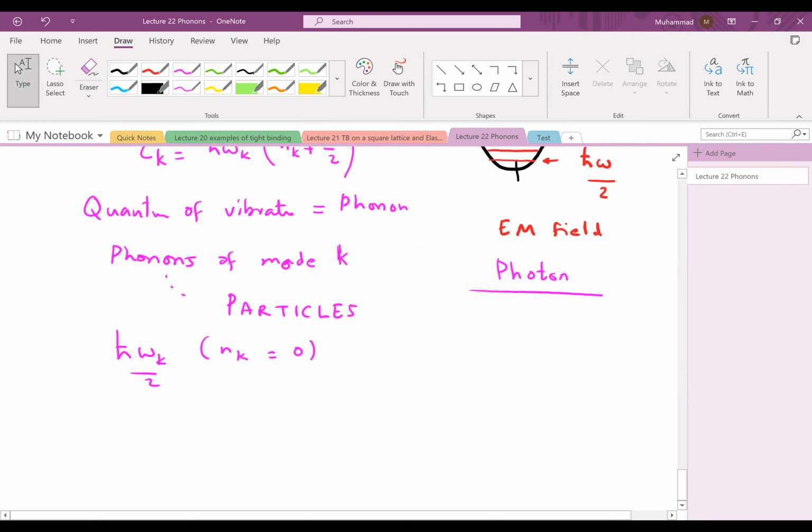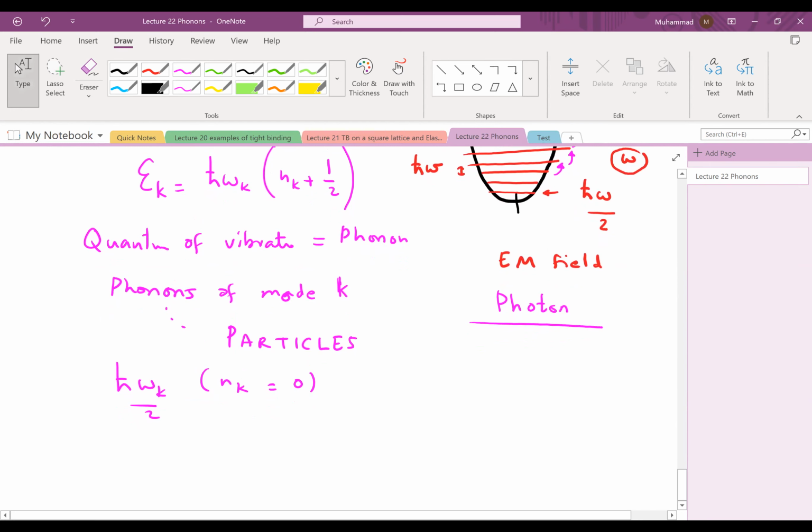Or you can have this system in an excited state, which really means that you are creating more and more phonons. So if you are in the nth excited state, you can imagine that you have n phonons in your system. Okay, so this is the concept of phonons.